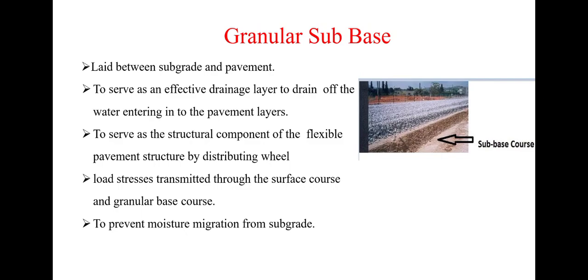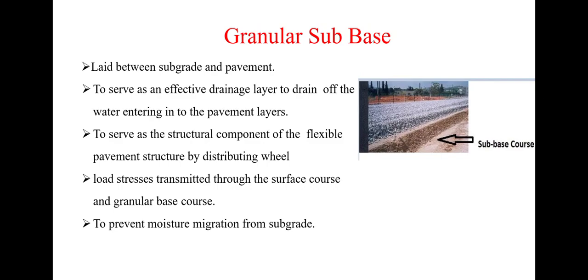In road pavement, GSB is a protective layer for the subgrade which works as a drainage layer in certain conditions. When all pavement layers are cracked or damaged, at that time this GSB layer drains out the water and protects the subgrade from major losses. This is the main motto of this GSB.